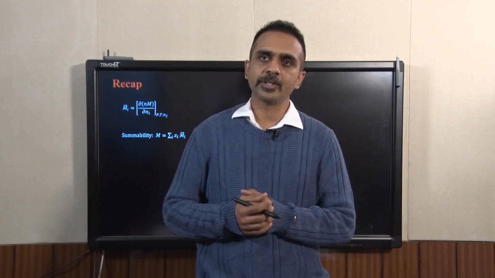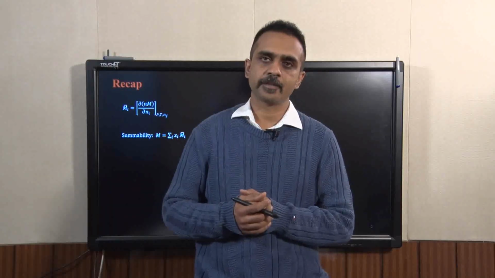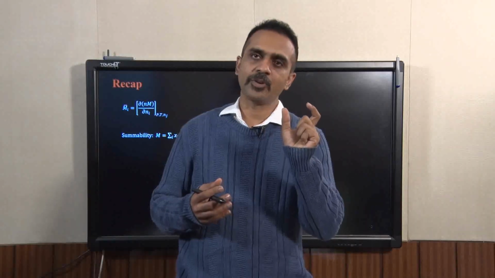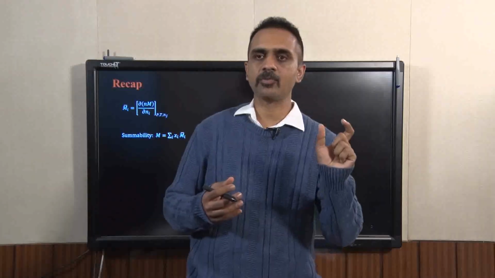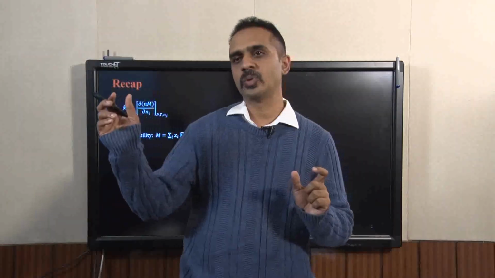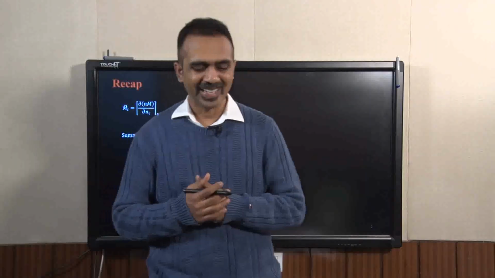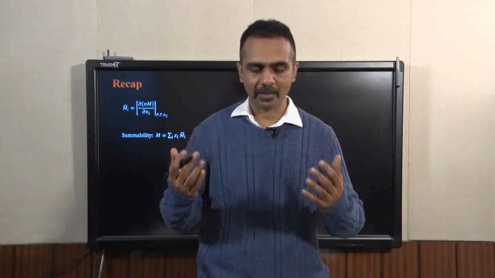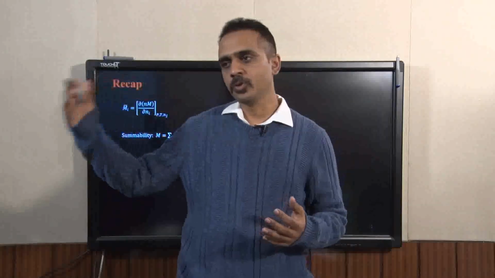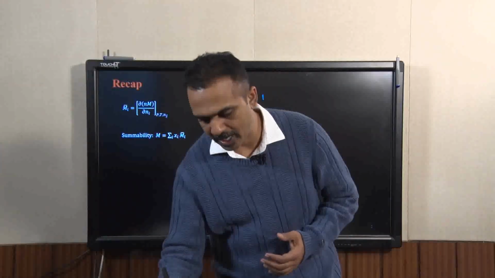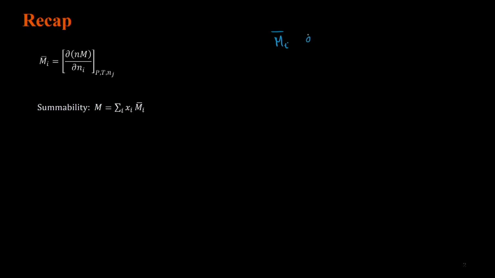So what we'd like to rather do is try to somehow relate the property of a mixture to its pure component counterparts. If I can obtain a relationship or predict the relationship between either M or Mi bar and Mi, what I'm looking for then is a relation between Mi bar or M and the pure component counterparts Mi.